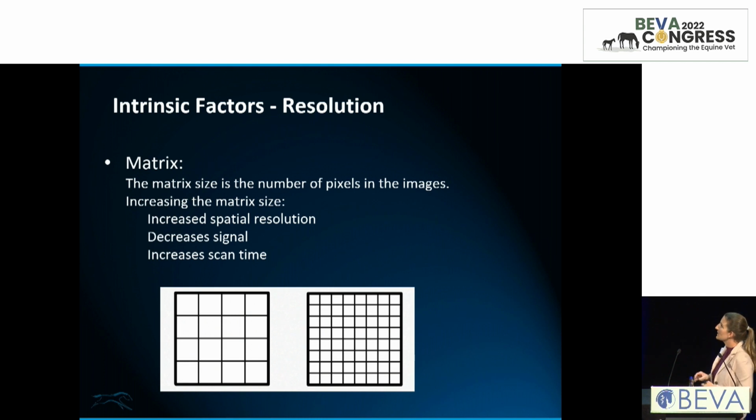The field stays the same, but the little voxels or pixels are becoming smaller. So that's great. The problem is that we have a certain amount of signal available, and the signal decreases the more we divide it into smaller pieces. And unfortunately, it increases our scan time, which in a practical setting becomes a problem again.